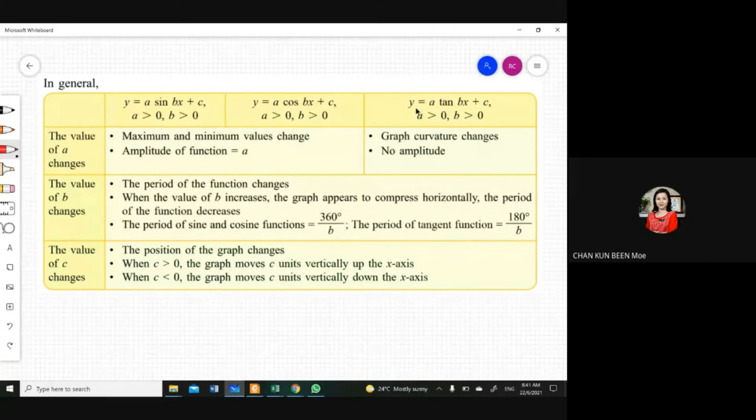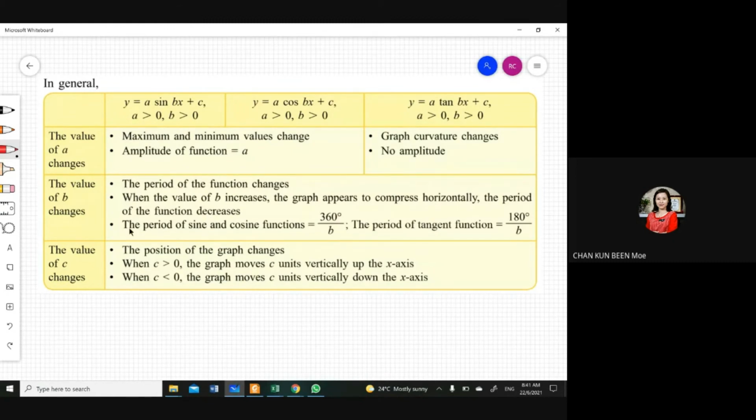Whereas for y equals a tan bx plus c, the graph curvature changes. The shape of the graph changes. Hopefully you still remember just now when I dragged it to the back, it becomes a straight line. And there's no amplitude for the tangent graph. Now, for both graphs, when the value of b changes, the period of the function changes. When the value of b increases, the graph appears to compress horizontally. The period of the function decreases.